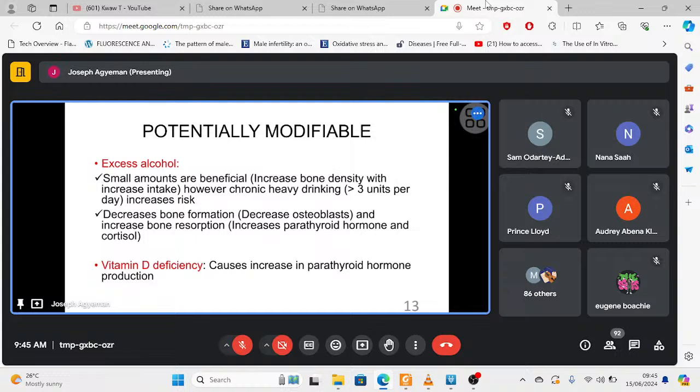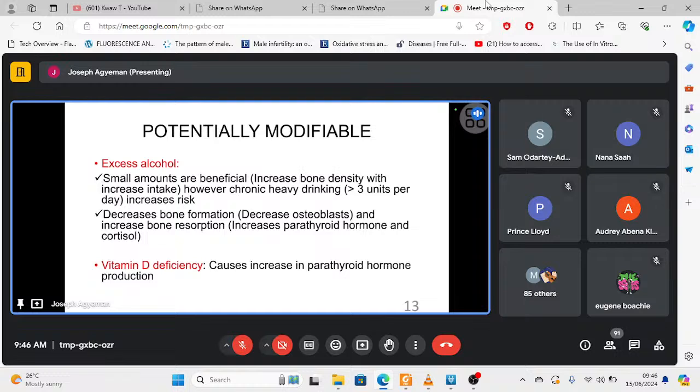Now let's look at some of the potentially modifiable risk factors. If you drink alcohol in excess, you can reduce it. We are not saying stop, but you can reduce it. So the same old cutoff point, do not take more than 2 units per day, which amounts to 14 units per week. We have some people who drink a lot, above 3 units per day.